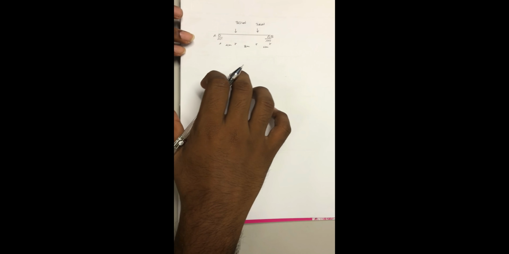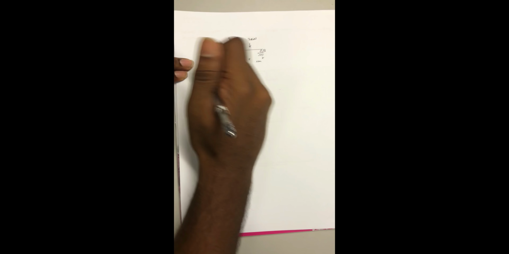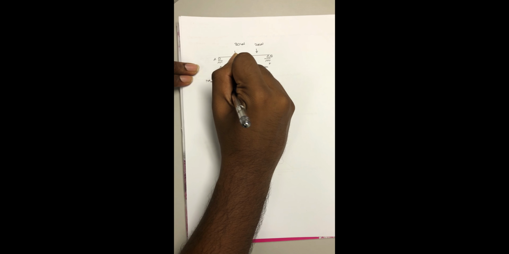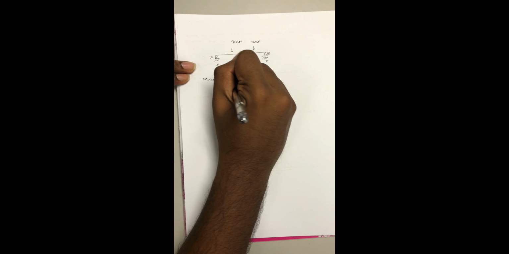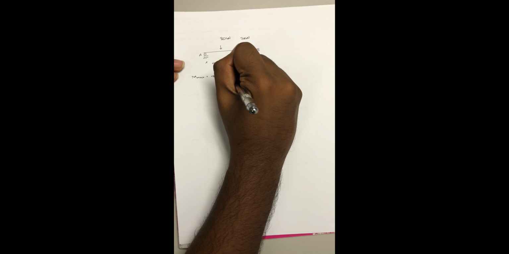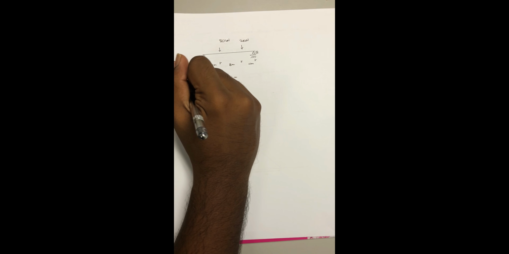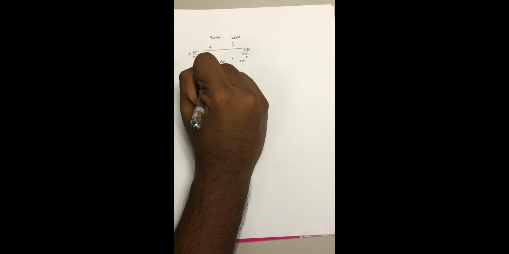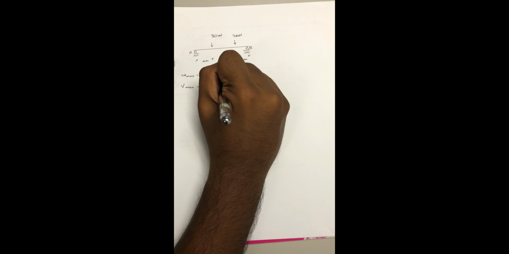Okay, now the maximum moment that we calculated just now is 110 kilonewton meter, and the maximum shear that we calculated just now is 27.5 kilonewton.